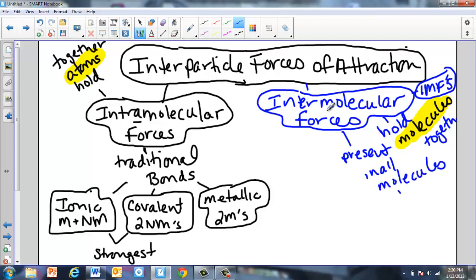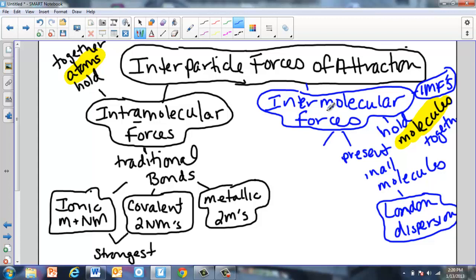These are called London dispersion. And the thing with London dispersion forces is these are kind of temporary charges that exist simply because electrons are on one side of a molecule, and that's it.